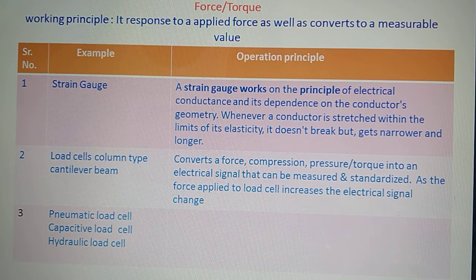So what are the types of a force sensor or a torque sensor? Strain gauge, then load cell column type, cantilever beam, and pneumatic load cell, capacitive load cell, hydraulic load cell. So these are the various examples of a torque sensor or a force sensor.